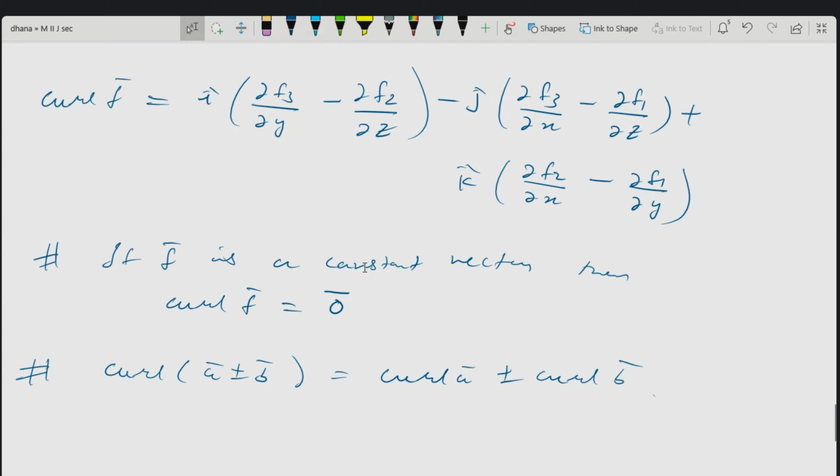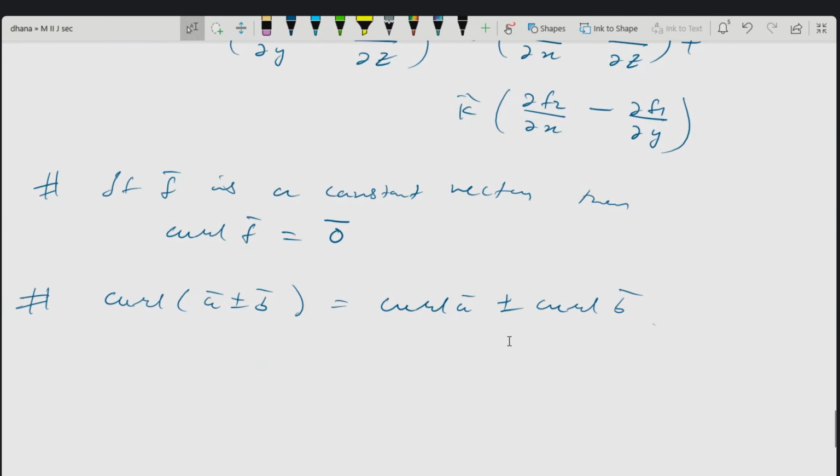Now let us see the physical interpretation of this curl. Curl itself is something related to rotation. The word curl, if you know its meaning, is related to the rotation part.